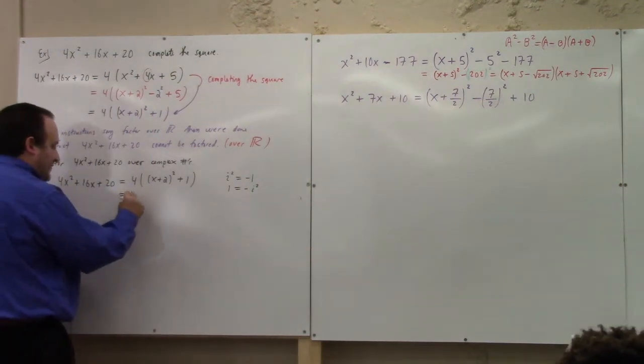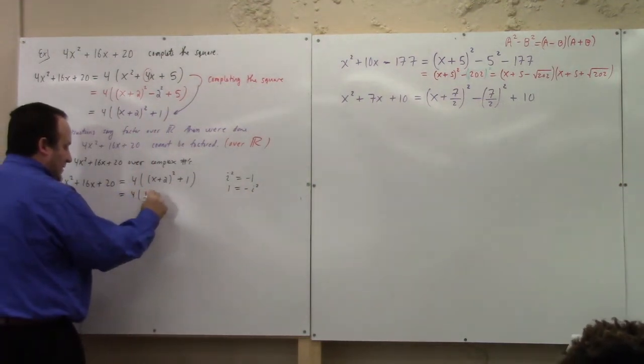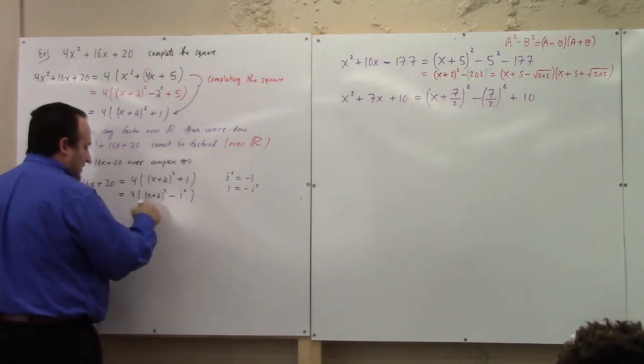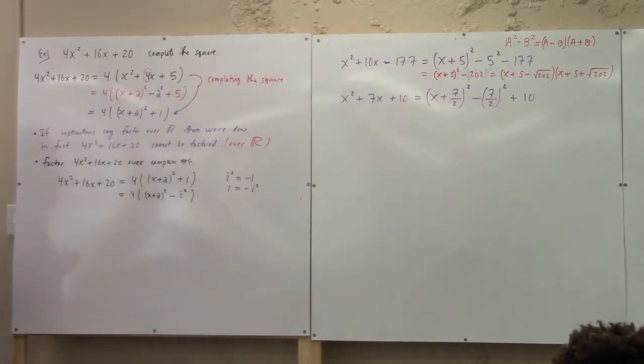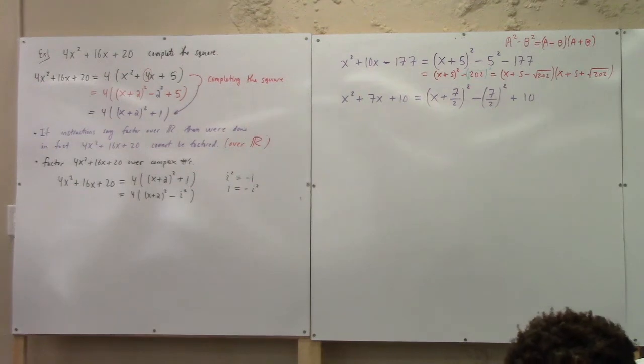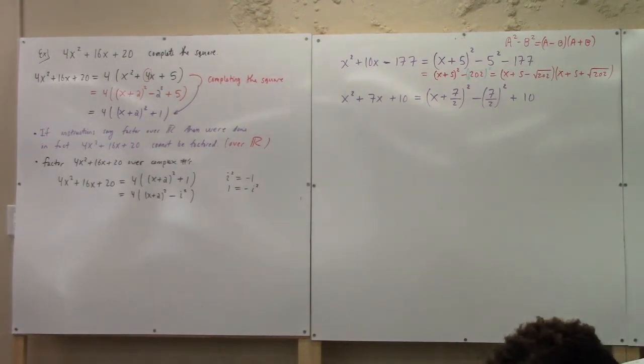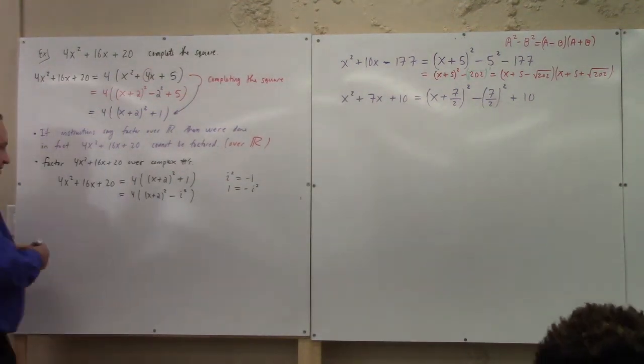So what we have here is 4 times (x plus 2) squared minus i squared. So yet again, we have a difference of squares. Completing the square always leads to a difference of squares, or just straight up a square if it's the repeated root case. But it's a universal method for factoring a quadratic, if you don't see the factoring.